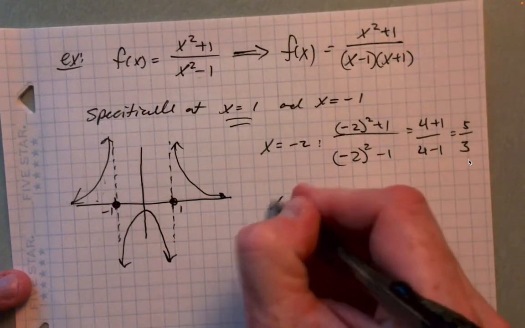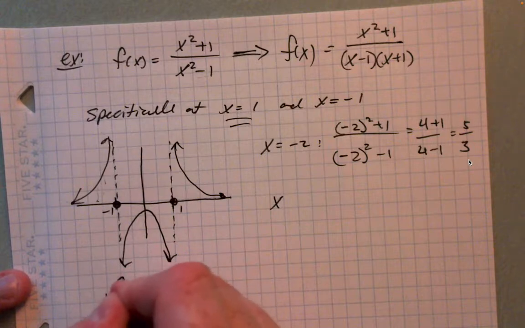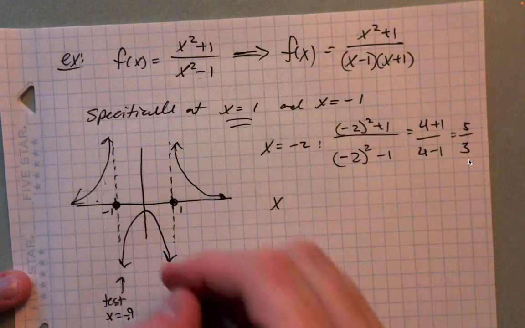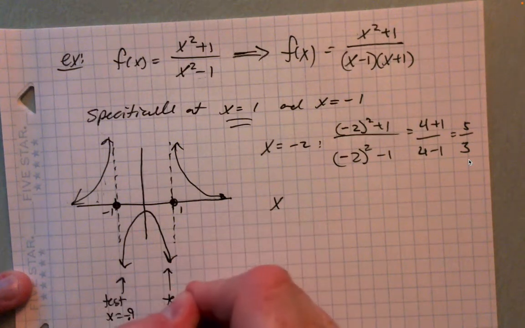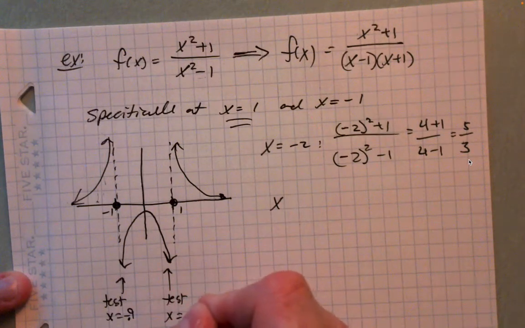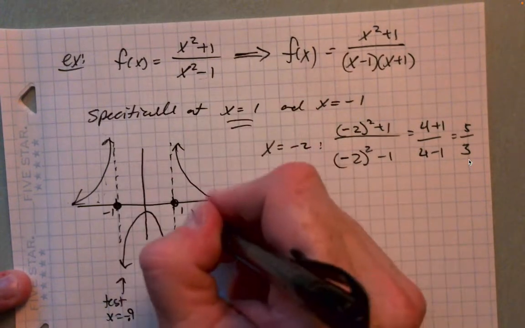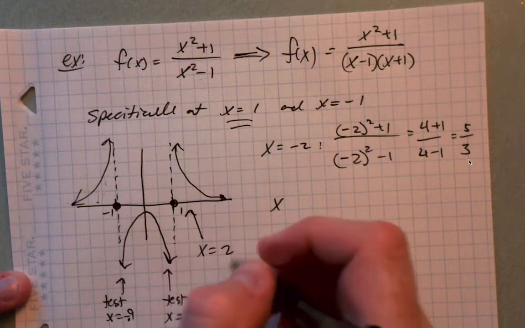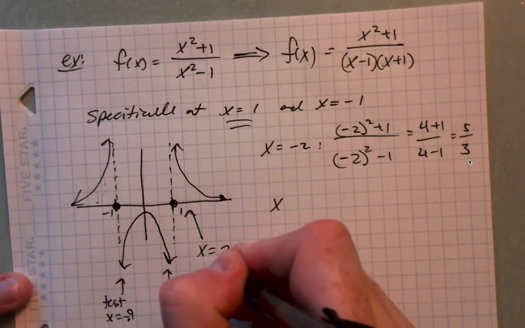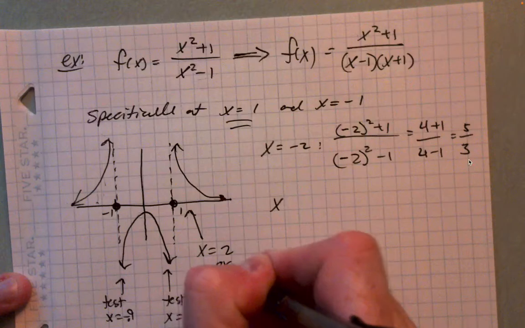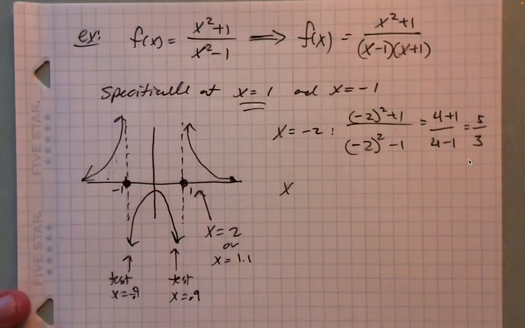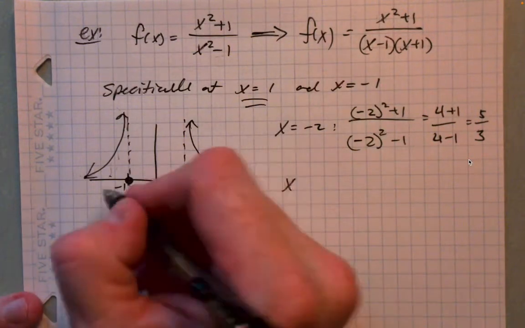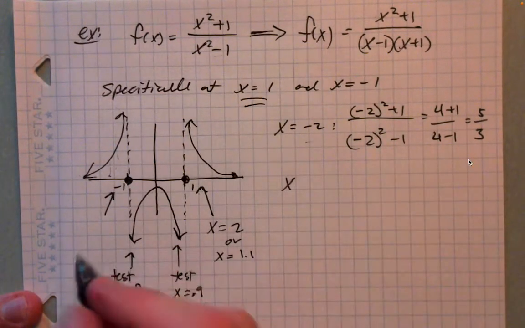So what you could do is test x equals -0.9. Here you could test x equals 0.9. Here you could test x equals 2, or if you wanted to get closer, you could say x equals 1.1. Right? So it's always a trade-off between, do I want to test a nice whole number, or do I want to get really close and see what's happening? And then over here you could test like we did here, x equals -2.